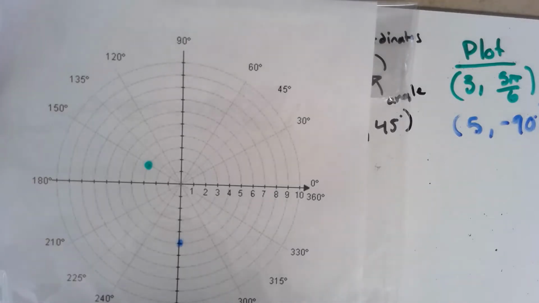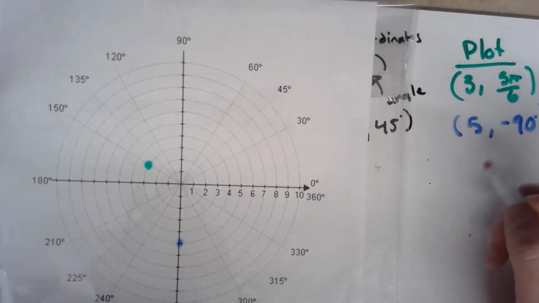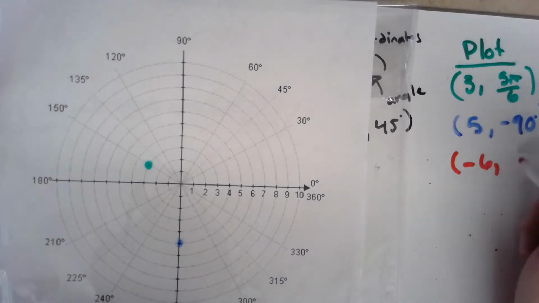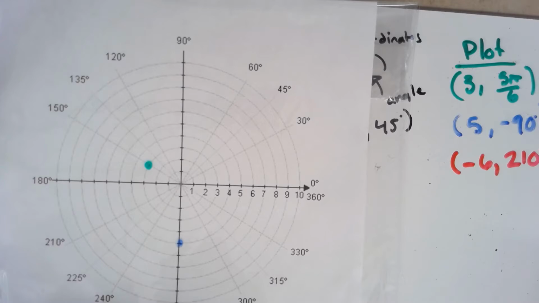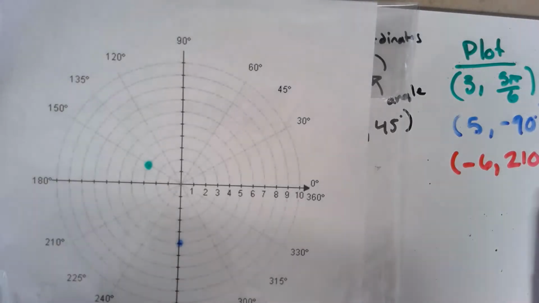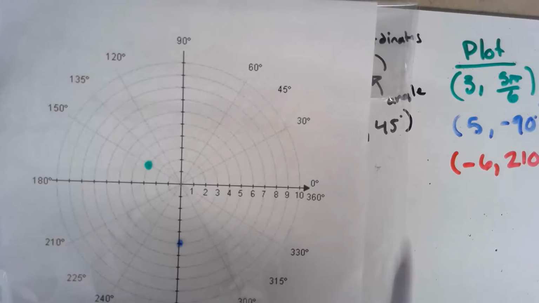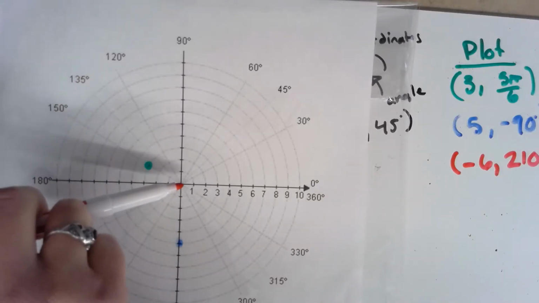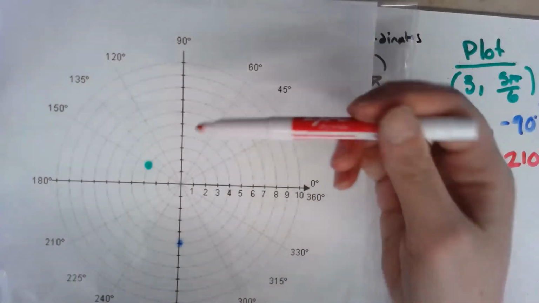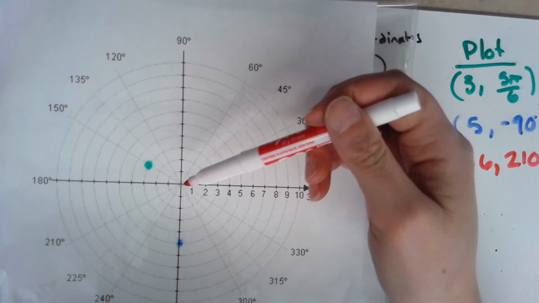What if we had negative 6, 210 degrees? We're going to go 210 degrees, so facing 0 at the pole, we're going to go all the way over here, we're now facing 210.